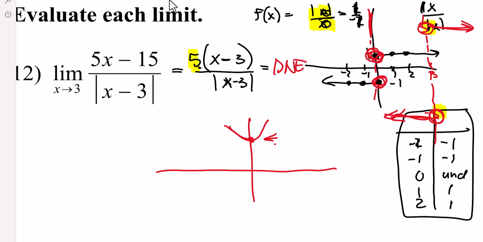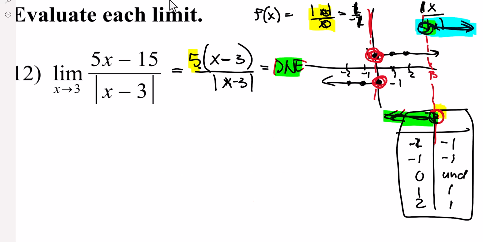But look at here. From the right, we're at a height of +5. From the left, we're at a height of -5. Those two heights are not the same. So the limit does not exist.